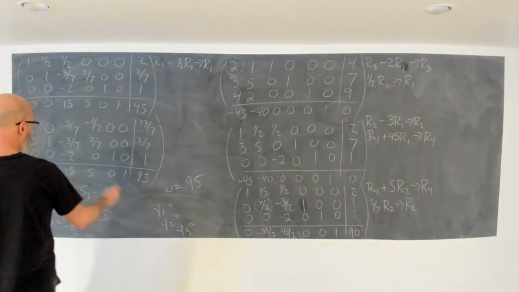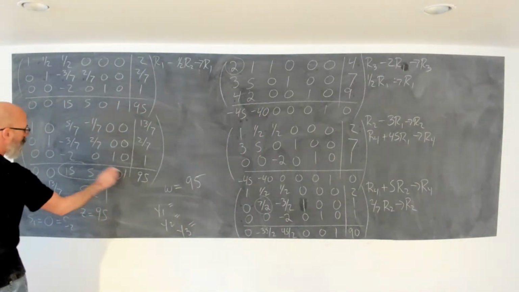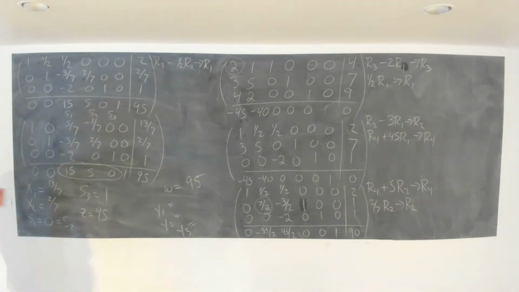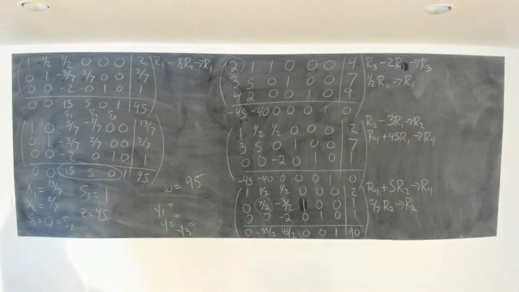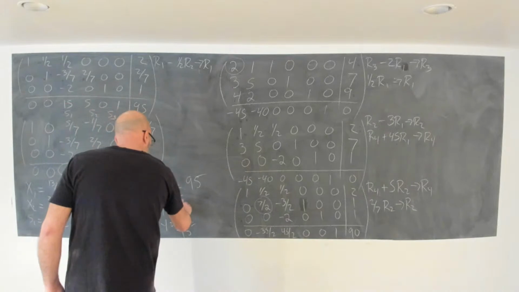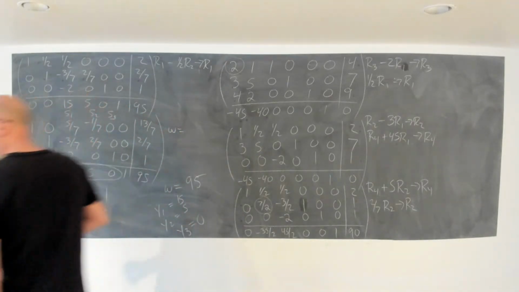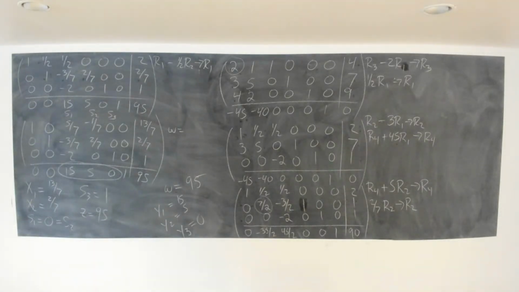the Y's correspond to the entries of the slack variable business. So 15, 5, and 0. Let's recall. I'll copy it back down.